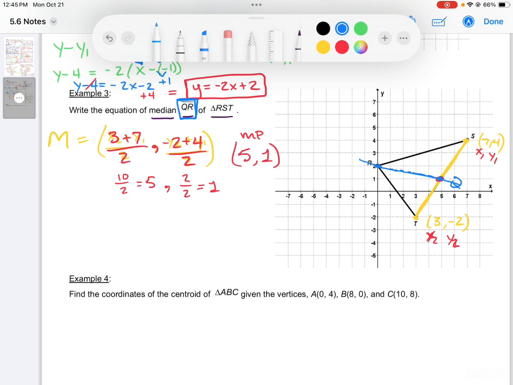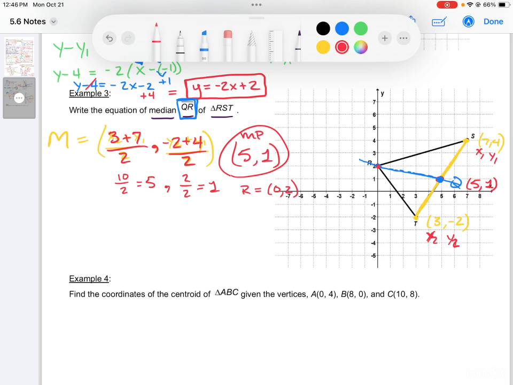Those 2 points, Q and R, have coordinates. Q is at 5, 1. I know that because it's what I found up here. And R is at 0, 2, again, just off of my graph.